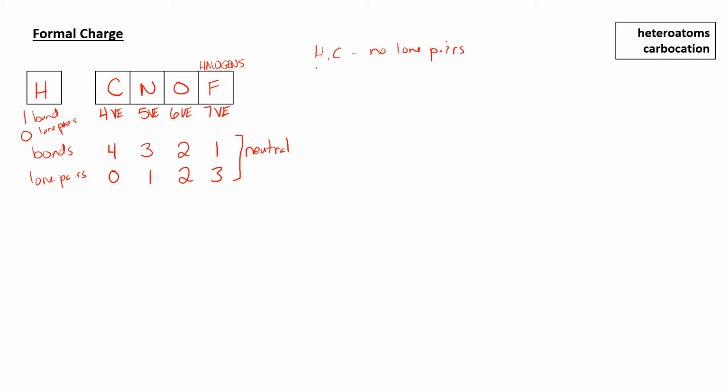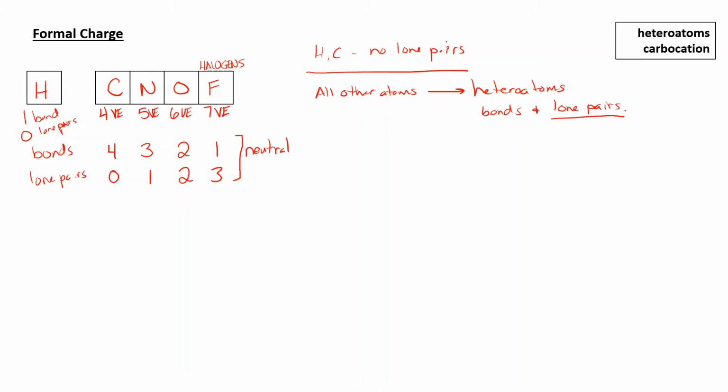And so we kind of group these things together. Hydrogen and carbon go on one side, and then we have all other atoms, and we call these heteroatoms. Because their electrons don't exist just in bonds, they have bonds and lone pairs, they get their own special designation.